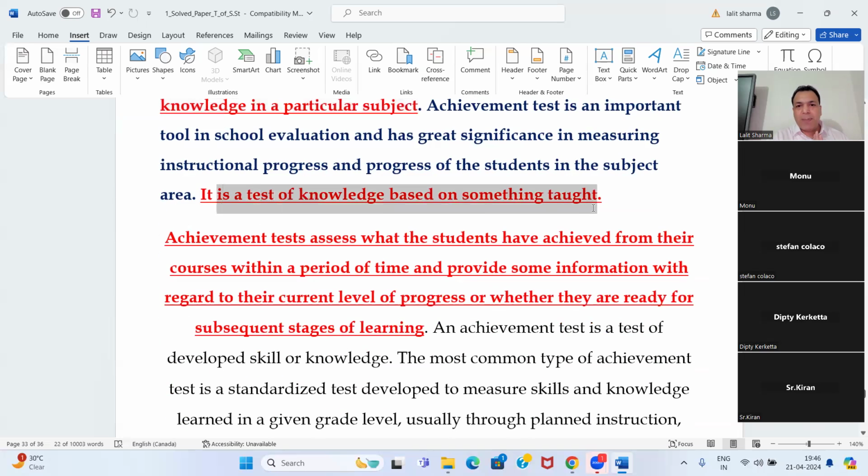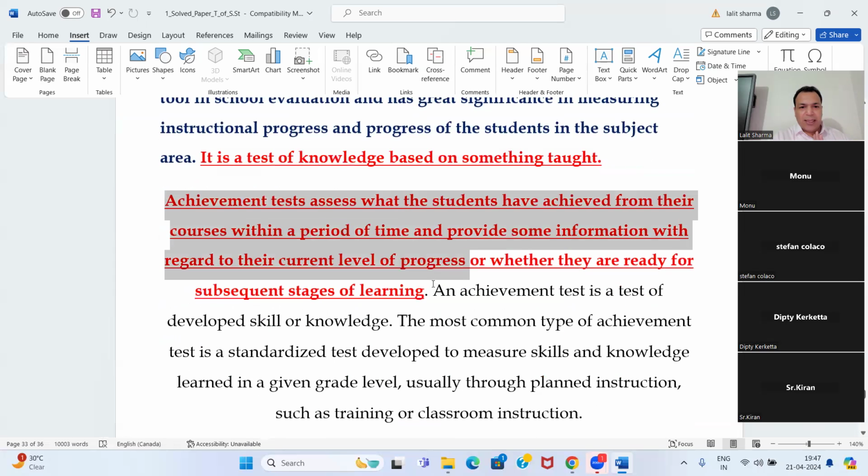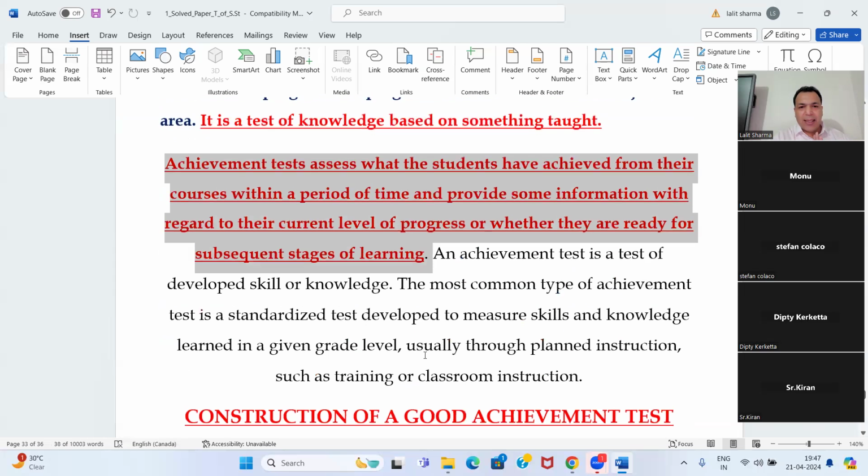It is a test of a knowledge based on something taught. Achievement test assess what students have achieved from their courses within a period of time and provide some information with regard to their current level of progress or whether they are ready for subsequent stages of learning.